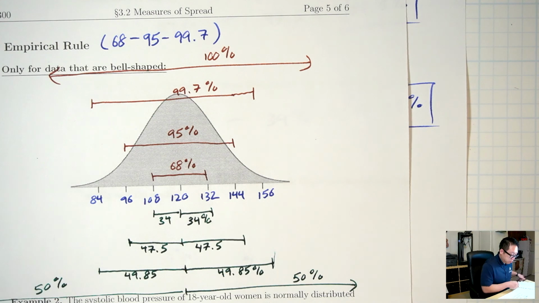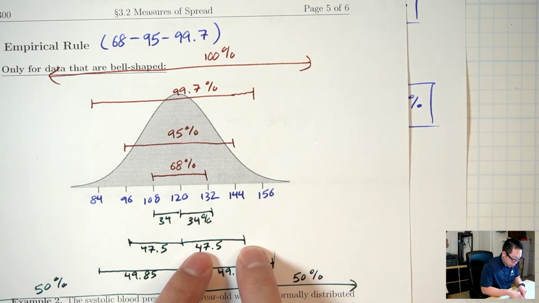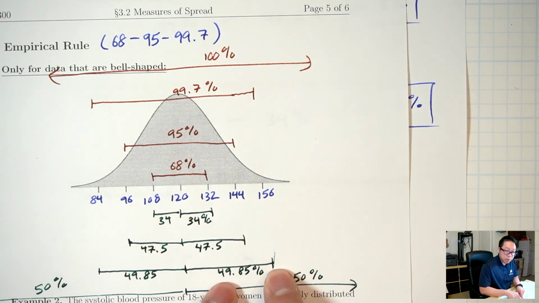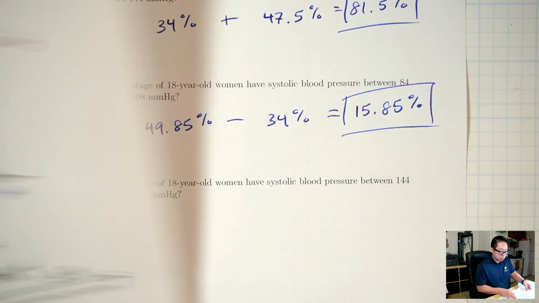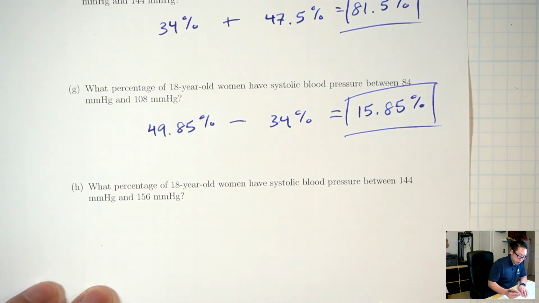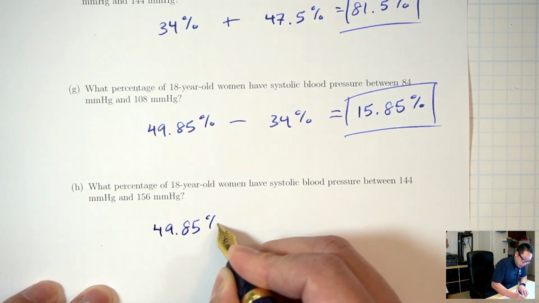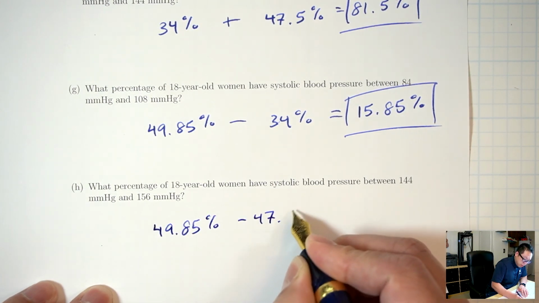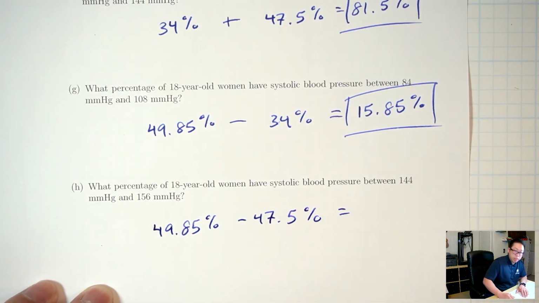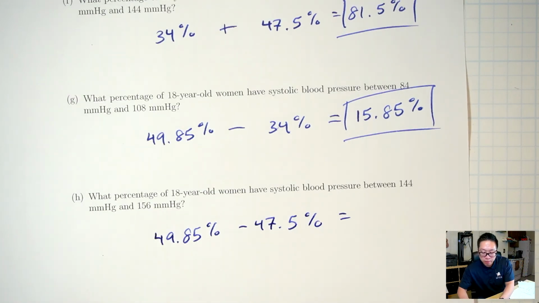So we said it should involve 47.5 and the 49.85, and because we're expecting a small answer, we should subtract. Now we should put the bigger number first. So 49.85 minus 47.5, and that is 2.35.